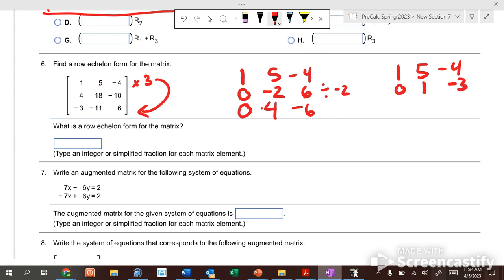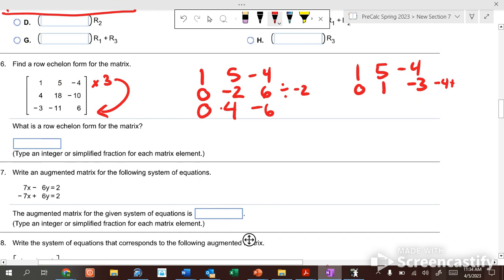Then if I take this one times negative 4 and add it to row 3, 0 times anything is 0 plus 0 is 0. 1 times negative 4 is negative 4 plus 4 is 0. And negative 3 times negative 4 is positive 12 plus a negative 6 is positive 6.